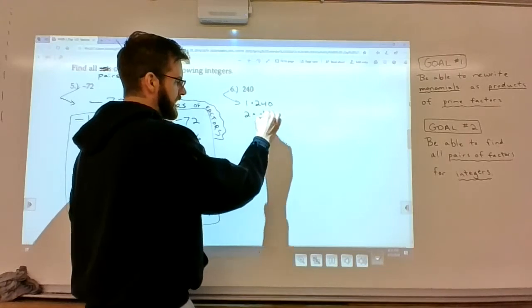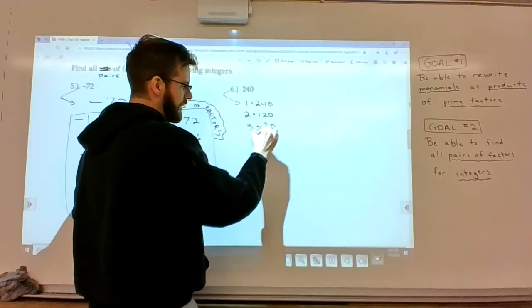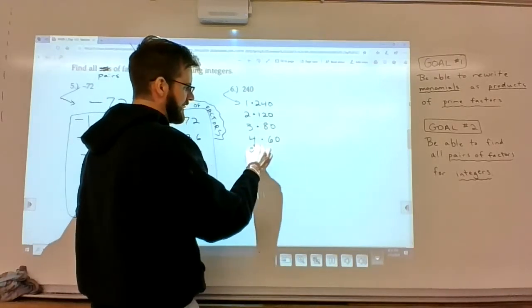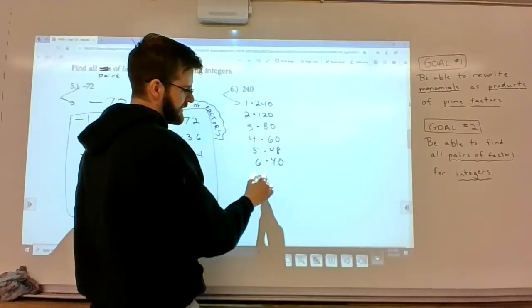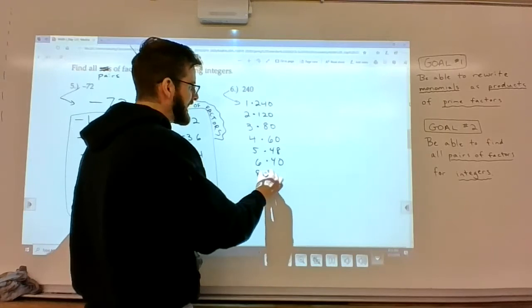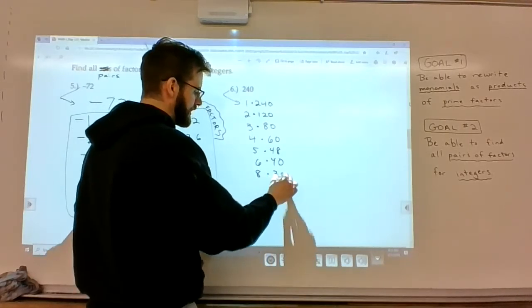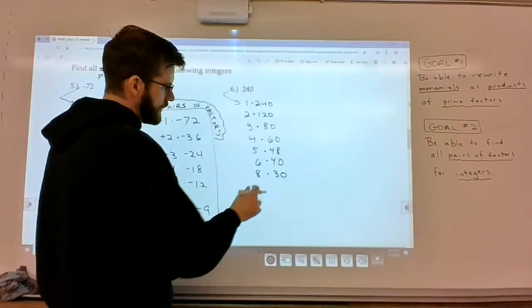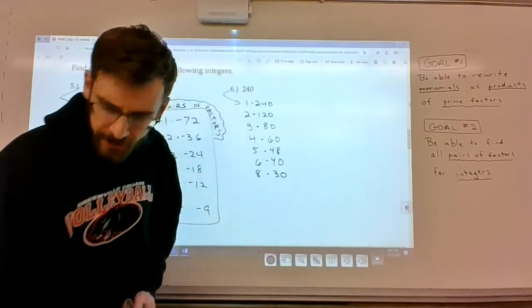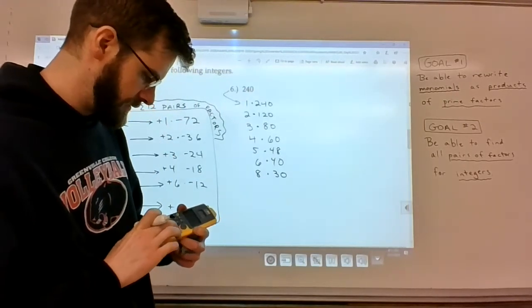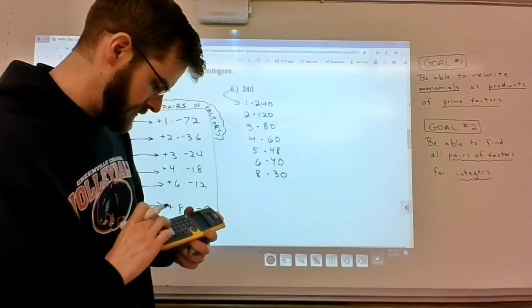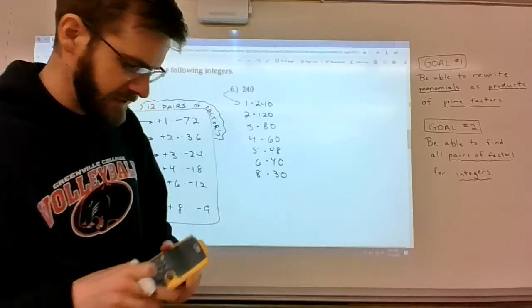2 and 120, 3 and 80, 4 and 60, 5 and 48, 6 and 40, doesn't divide 7, 8 and 30. Does it divide 9? Let me double check. I don't think it does. No, it does not.